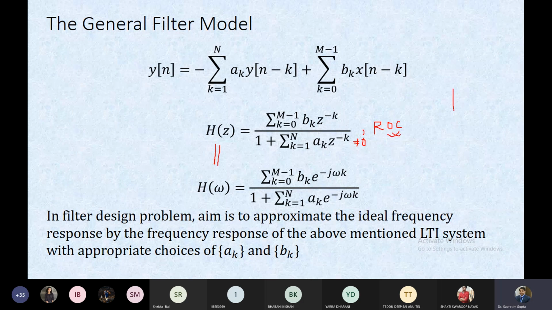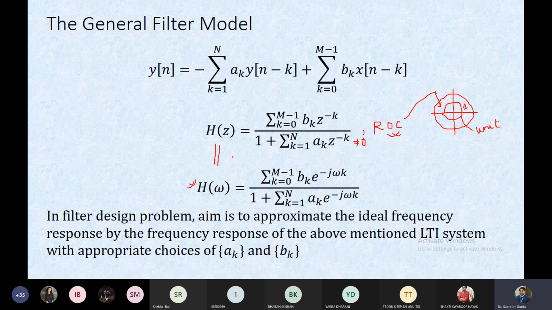So if I draw the z-plane, this is 1, and this is our ROC, and this is the unit circle. If the unit circle falls within the ROC, then only this conversion from z domain to Fourier domain is possible, otherwise not.